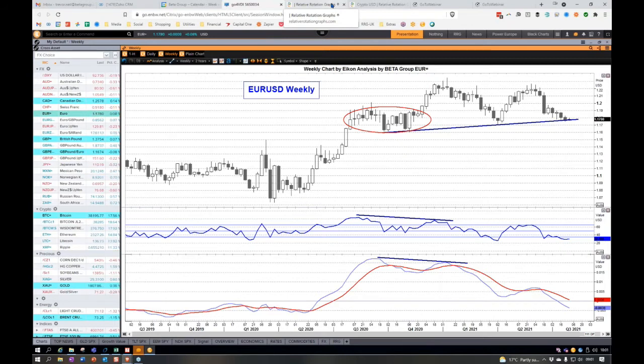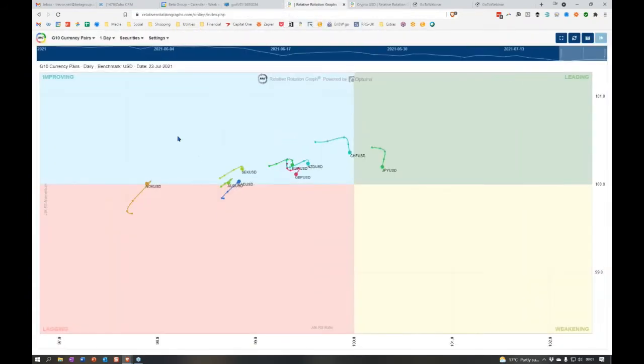Okay. Thanks very much, Dan, and welcome everybody. Quite a lot of interesting, big things happening at the moment. So let us first of all start off with the relative rotation graph of the G10 currencies versus the dollar. I think most of you on the call will probably be familiar with this, but in brief, here we have the relative performance of currencies versus the US dollar.